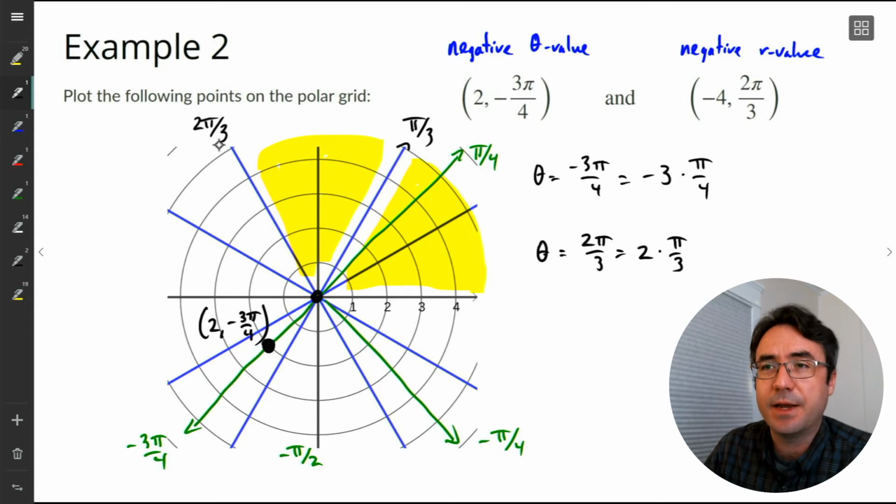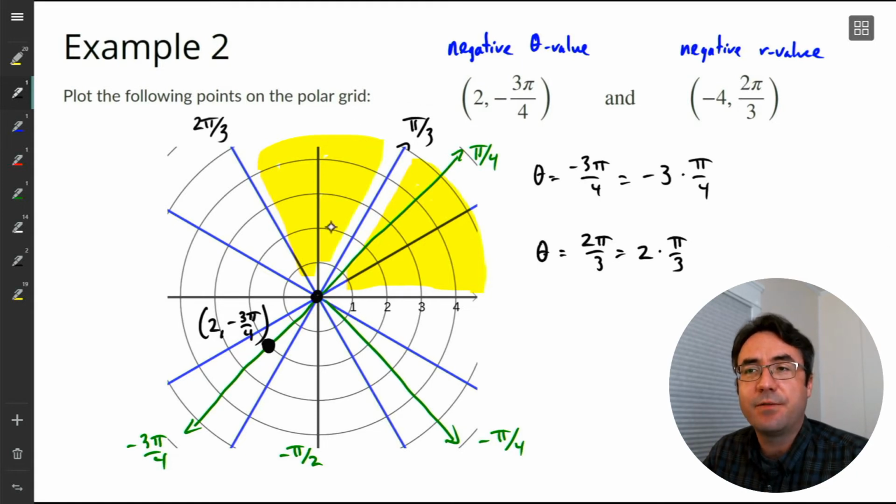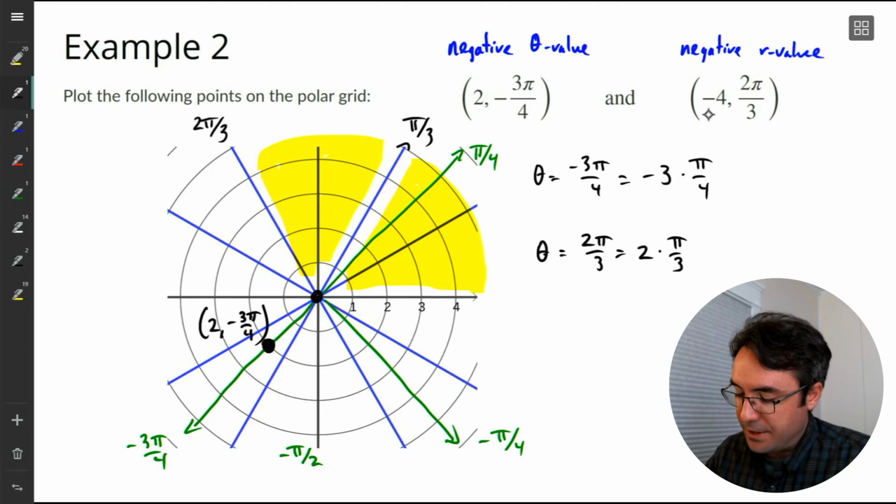And you might have it memorized, but in case you don't, if you have the ones in the first quadrant memorized, you can kind of figure out what all the other ones are. So this is the 2 pi over 3 ray. Now, our r value here is negative. So if it wasn't negative, what we would do is we'd just count 4 units out onto that ray.